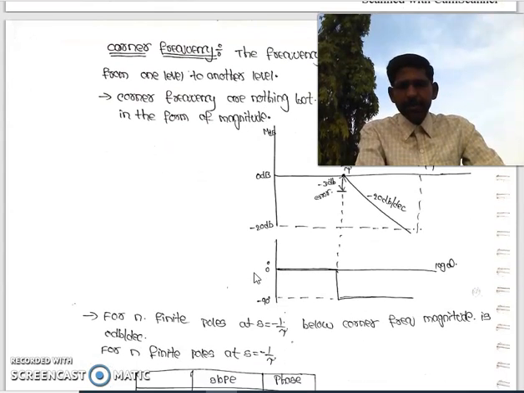You can observe here, for n finite poles at s equal to minus 1 by tau, below corner frequency the magnitude is 0 dB per decade. Please keep in mind that.